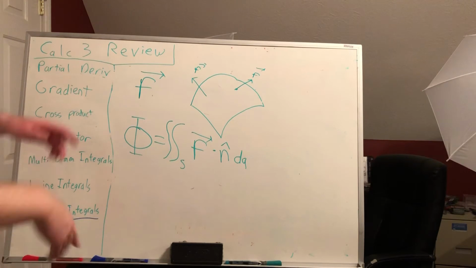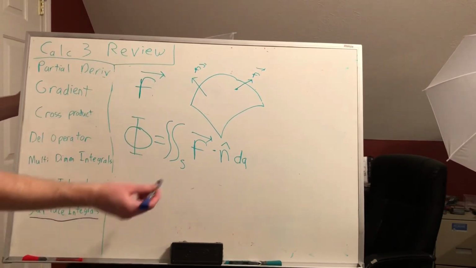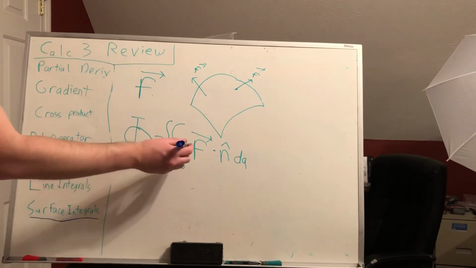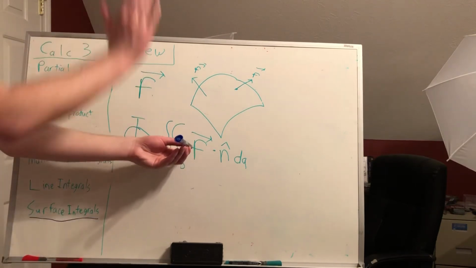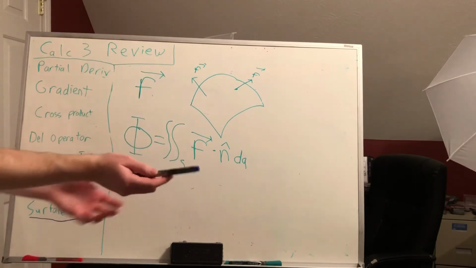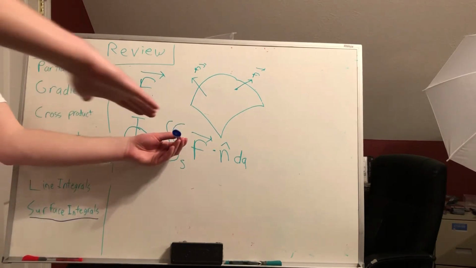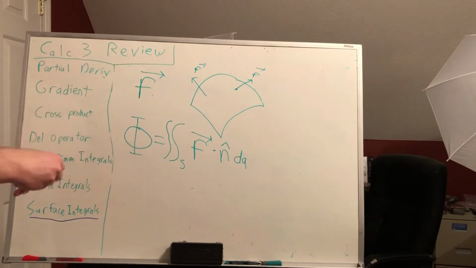So in this case, with the whiteboard, our normal vector will always be pointed like this. And so if you get a flow where it's almost perpendicular to that, you're not going to get any flux through the whiteboard. But if you get a flow that's parallel to that, you get a ton of flux through the whiteboard.